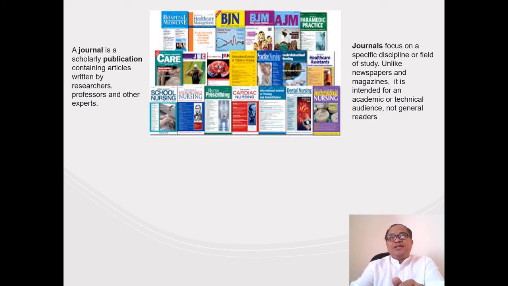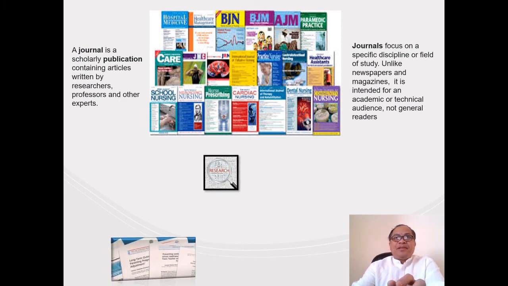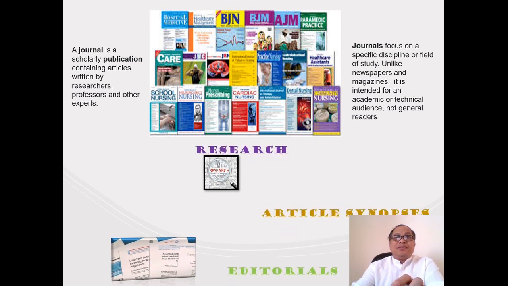Now, the next question is, what is inside these journals? What can you find inside these journals? There you have it. The journals may contain some research that is peer-reviewed. Some may not be peer-reviewed. It may contain some article synopses, some editorials.